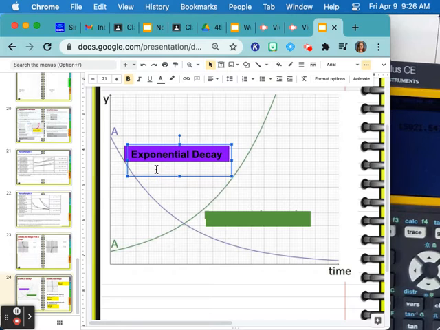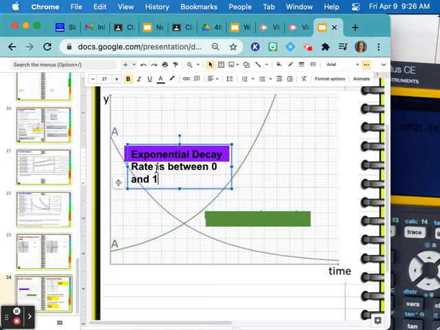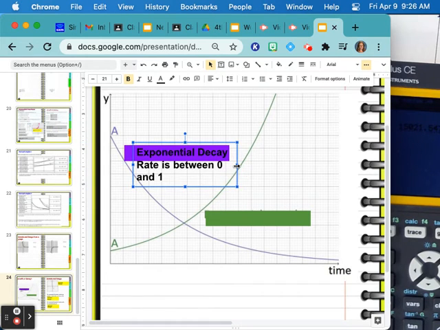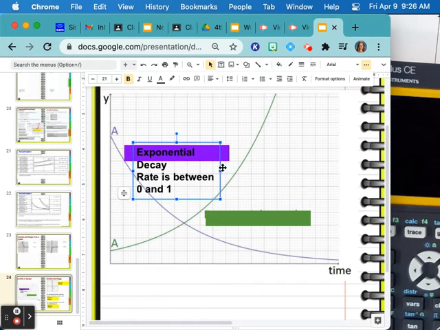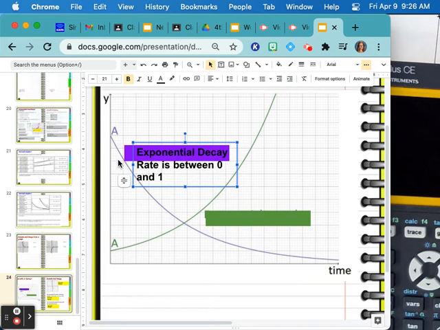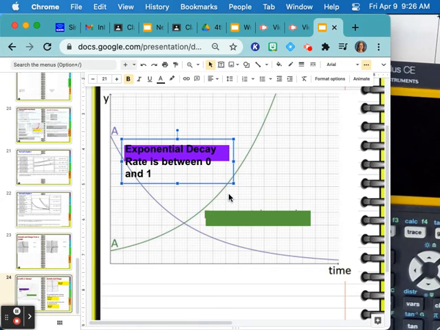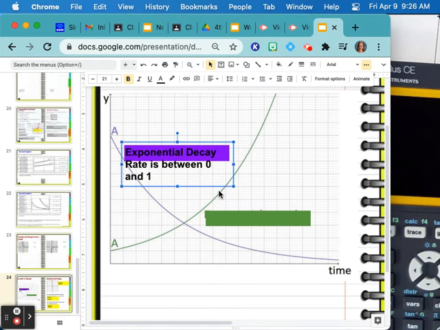Change it to black. Then put rate is between 0 and 1. You're going to have to change your text color to be black to be able to see it. And then this other one I'm going to change to black also.